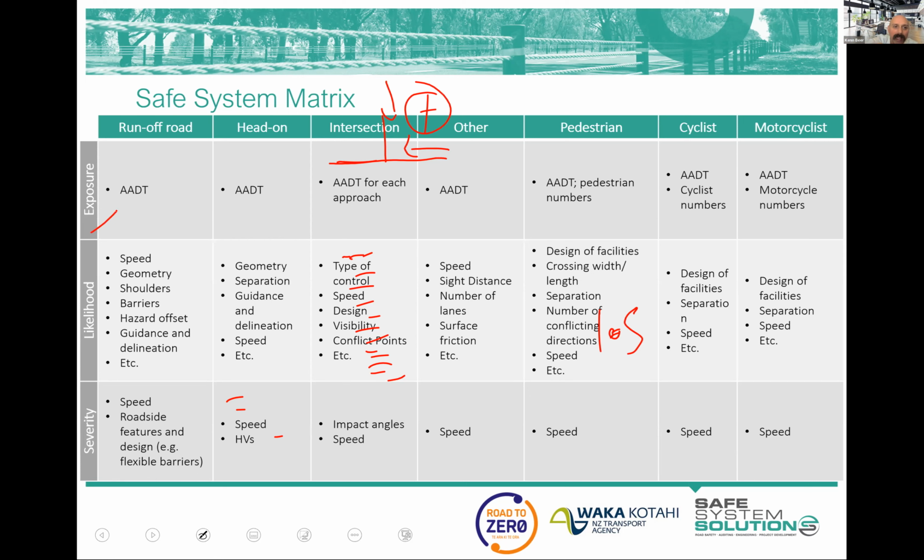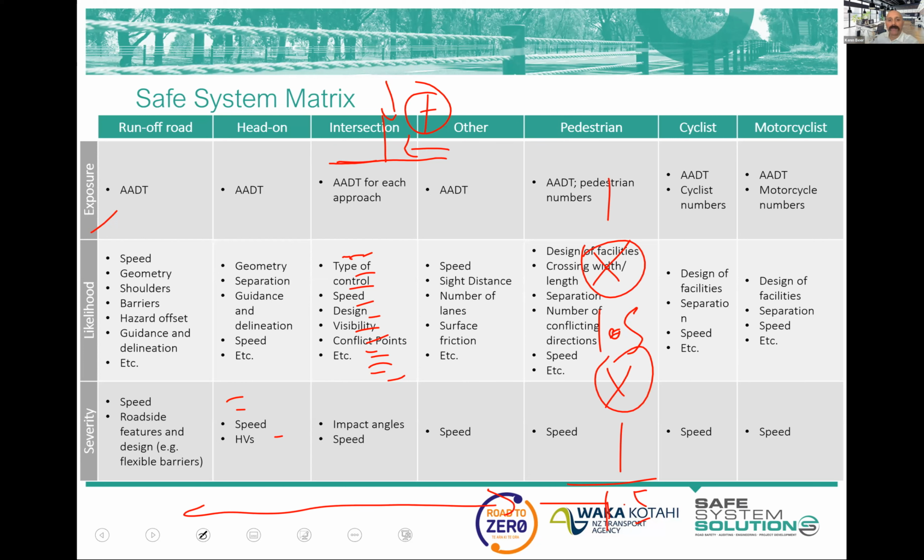Really, really rare to see an exposure at a 0.5 because they're such clear cut bands. But you then multiply these through and you get your score down the bottom. So you multiply down, and then you add up across the bottom.